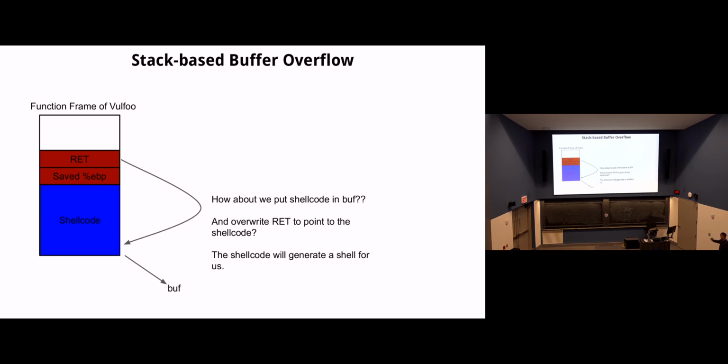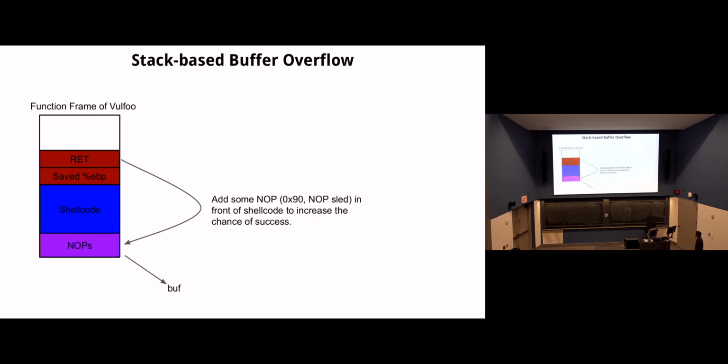You probably will trigger a segmentation fault. So what we usually do is we add a lot of no-op operations. Basically there are still instructions, but those instructions do not do anything useful. It will just execute the instruction, not do anything, then pass to the next instruction.